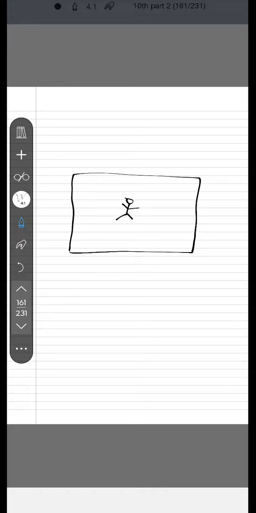If the distance from this corner is 5 centimeter, from here it is 6 centimeter, from here again 4 centimeter, and from here again 5 centimeter. See what we got here.